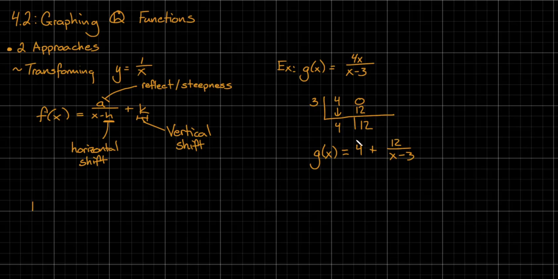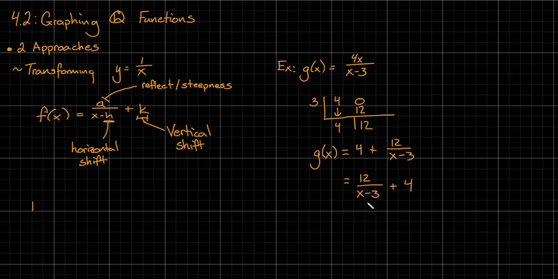If I just switch these places, will it look exactly the same? Like, what I mean by that is if I just write it as 12 over x minus 3 plus 4, now does it look like it's exactly in this form? A over x minus h plus k. I think so. I'm pretty sure of it. Okay.